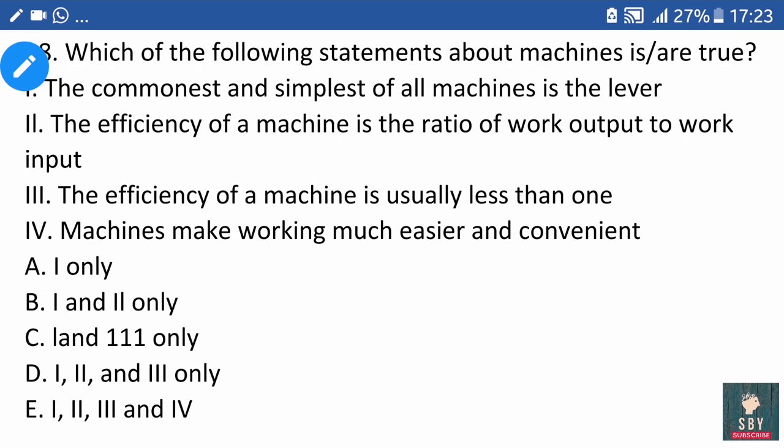Okay. The efficiency of a machine is usually less than 1. That's also true. Machines make working much easier and convenient. That's also true. So they are all true. Yes, they are all true. So the answer is E.